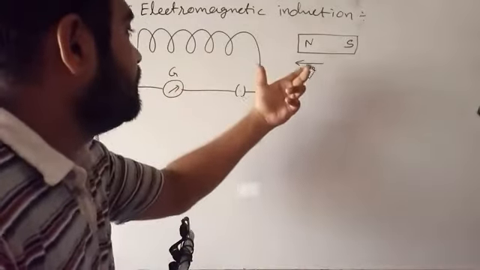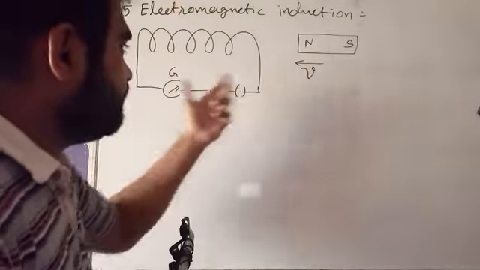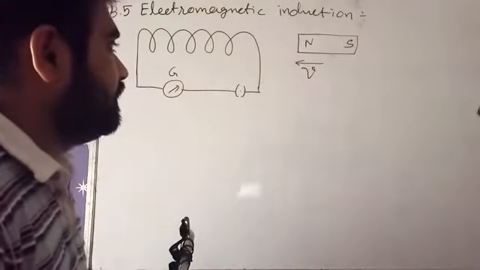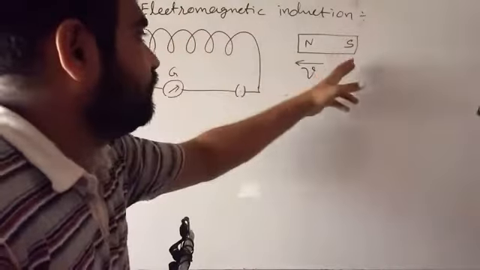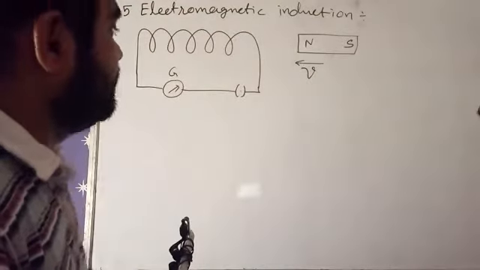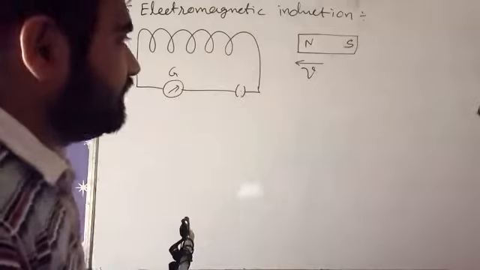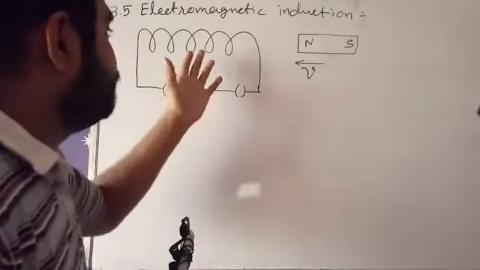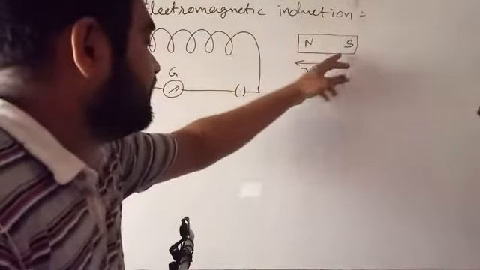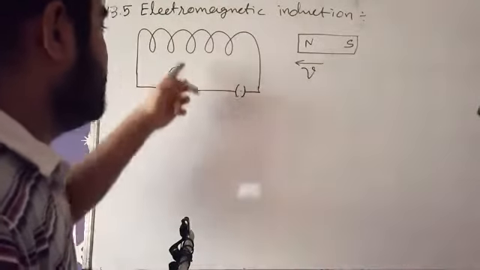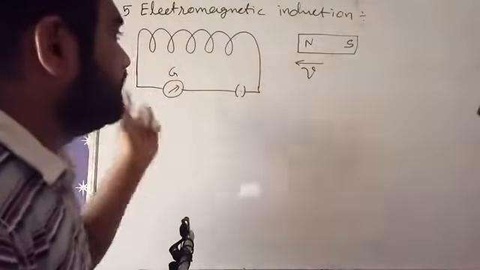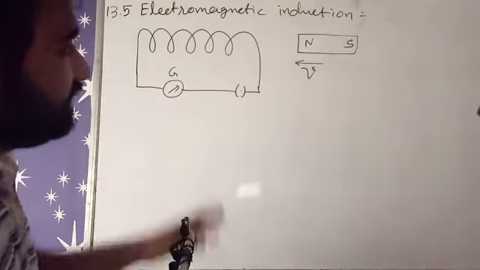So one has to be at rest and one has to move, or otherwise one has to move in this direction and the other in the opposite direction. Then again we get current in this circuit. So that is the first demonstration.